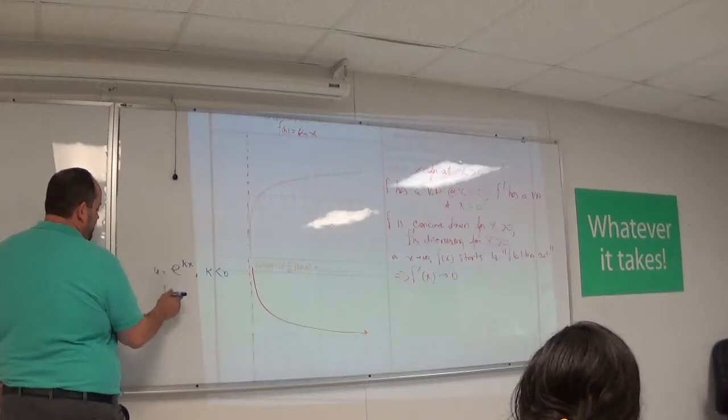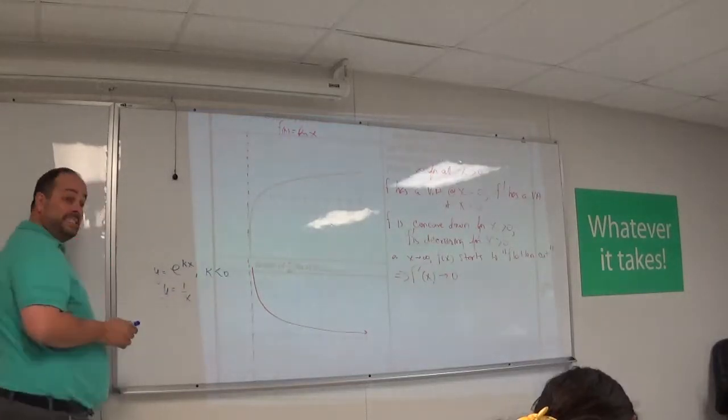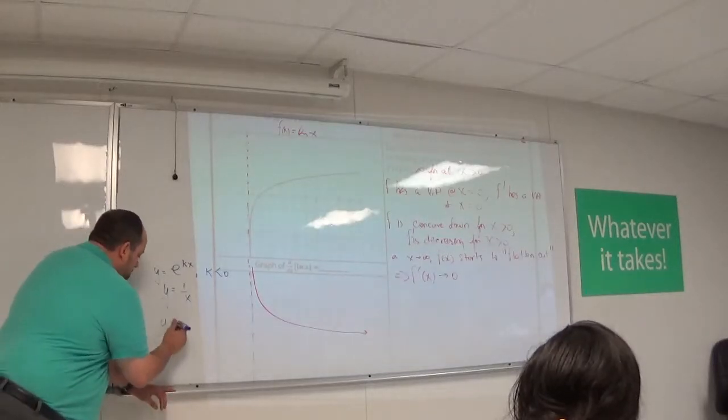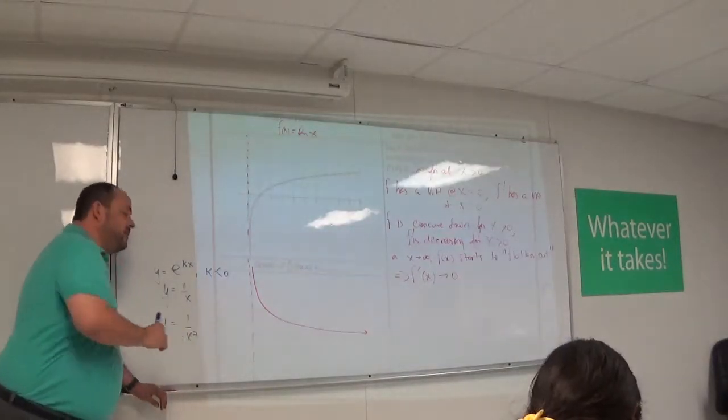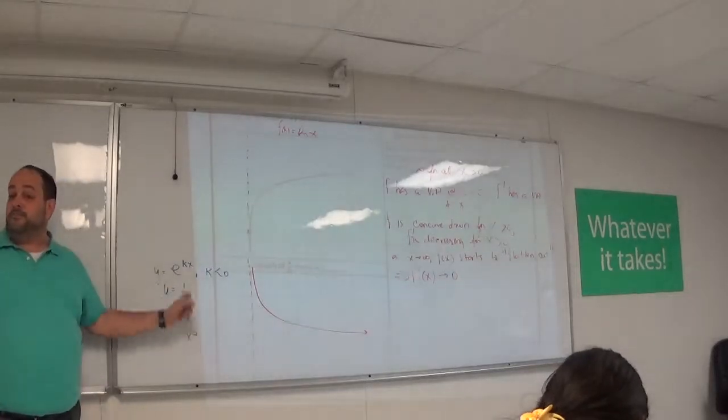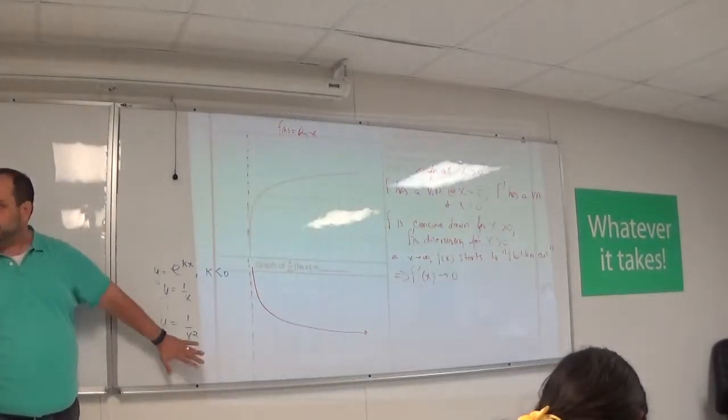The graph of y equals 1 over x has that behavior. And Jose? Y equals 1 over x squared. The graph of y equals 1 over x squared has that behavior. These are my suspects. I suspect, and maybe there's others, but I suspect that the derivative might be one of these because it has the right behavior.